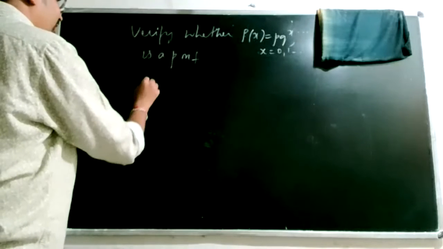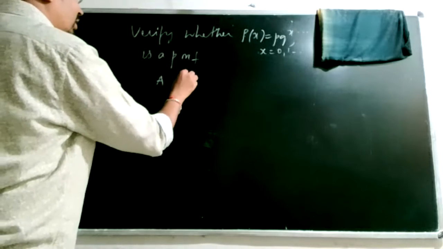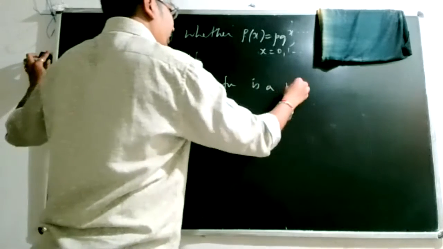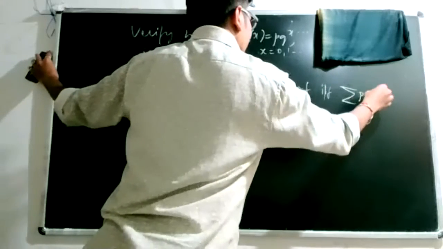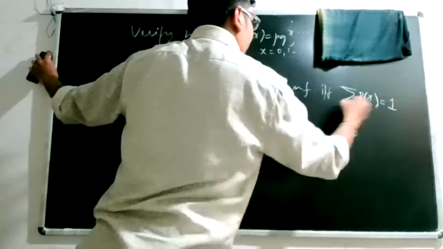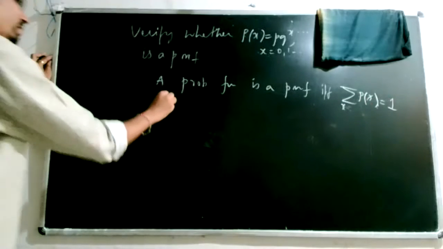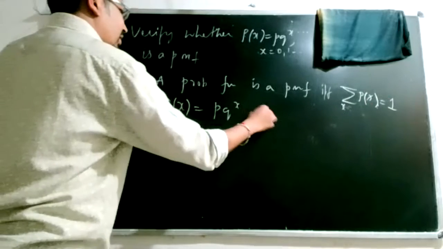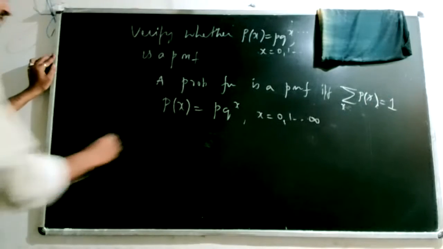So to verify, we know that a probability function is a PMF if the total probability is equal to 1. But we have the PMF now as p q power x with the support or the range x equals 0, 1 to infinity.